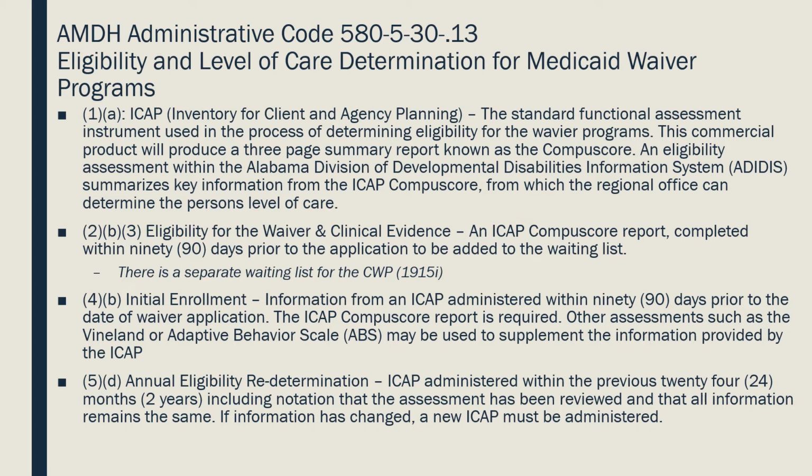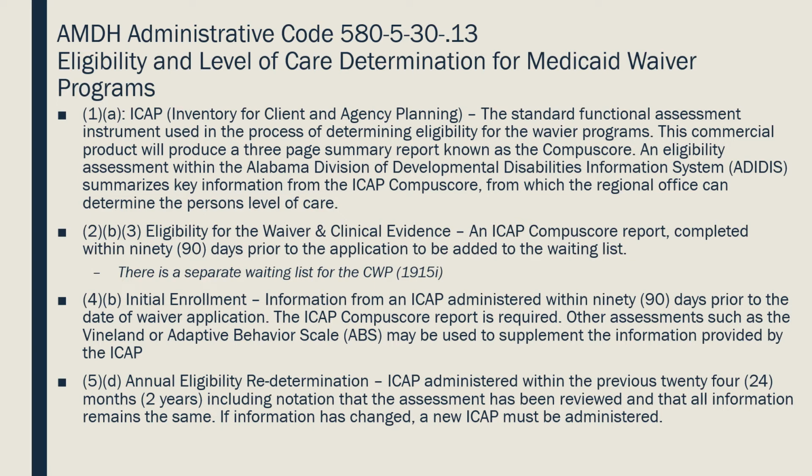Eligibility for the waiver and clinical evidence. An ICAP CompuScore report completed within 90 days prior to the application to be added to the waiting list. Initial enrollment: information from an ICAP administered within 90 days prior to the date of the waiver application. The ICAP CompuScore report is required.